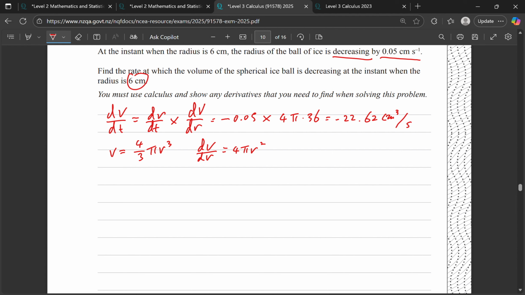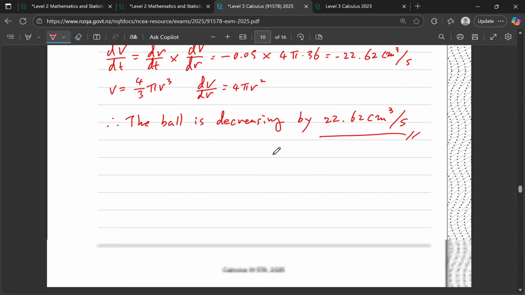All right, so I would say the ball is decreasing, because minus indicates it's decreasing, right? So I have to say 22.62 centimeter cubed per second should be the answer. All right, that was easy.